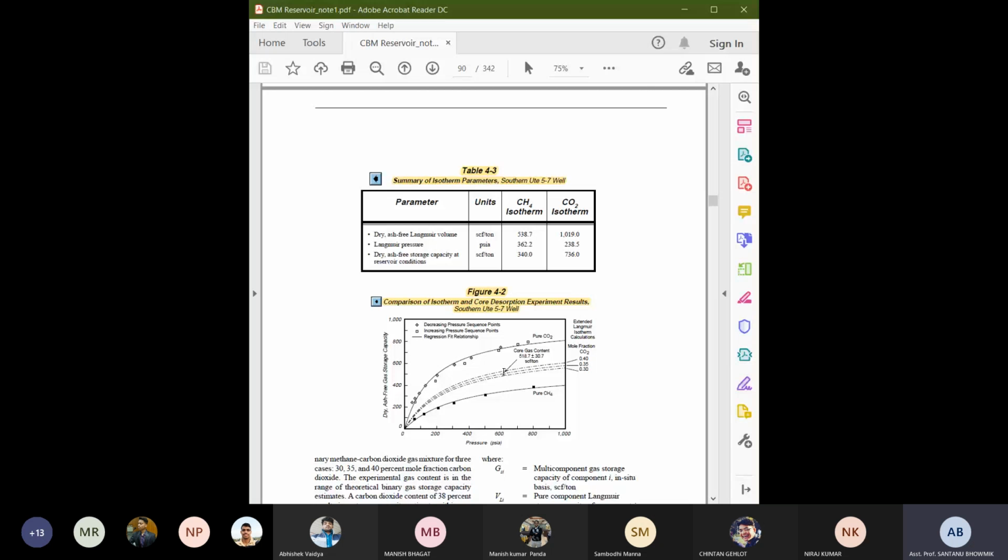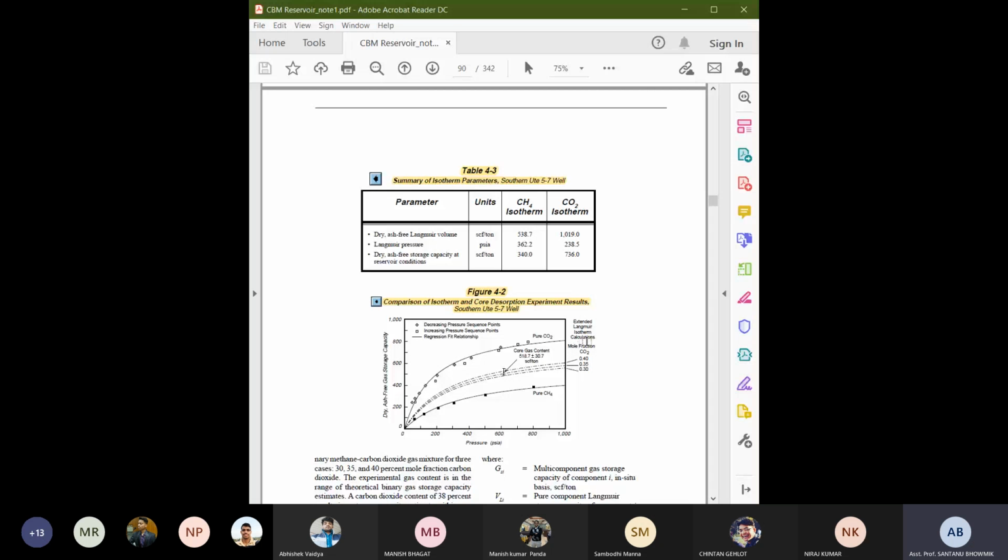If this is the case of a gas mixture, then depending on the gas concentration, which is 50-50 or half-half, obviously its gas storage capacity will also change. And in that case, you will see that the mixed gas storage capacity is lying in between.